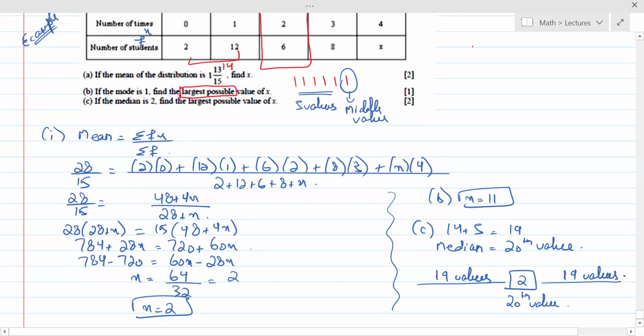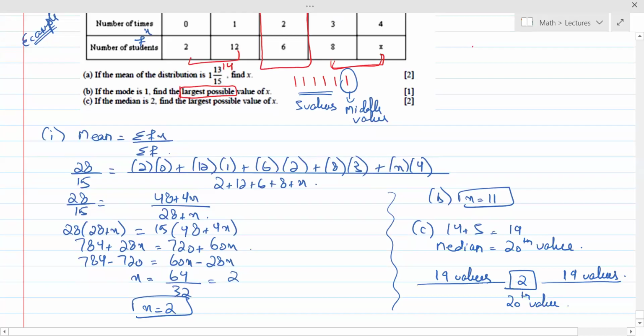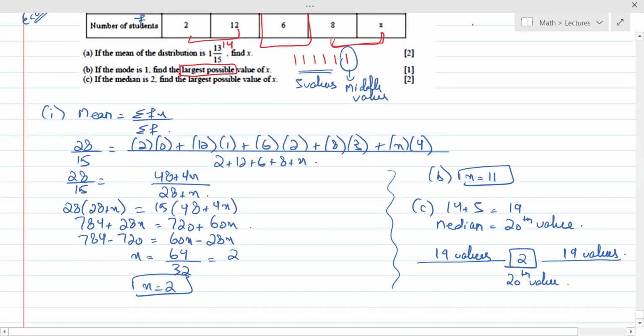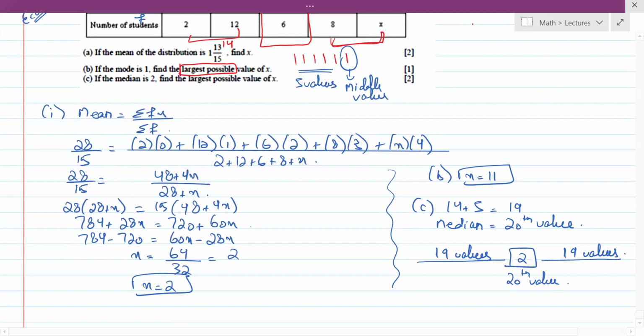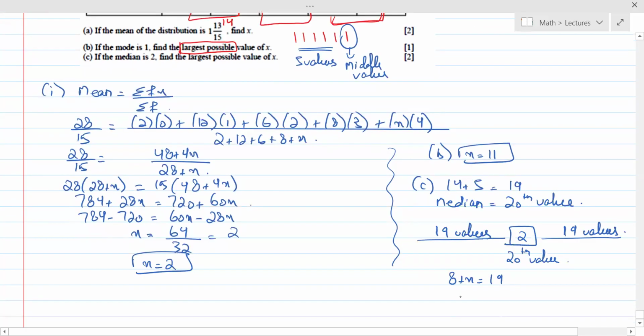So if there have to be 19 values on the right, on the right we can see 8 plus x. We have two different columns there, 8 plus x. So 8 plus x should be equal to 19. The equation to be made here is 8 plus x equals 19, and x would be found as 19 minus 8, which equals 11.